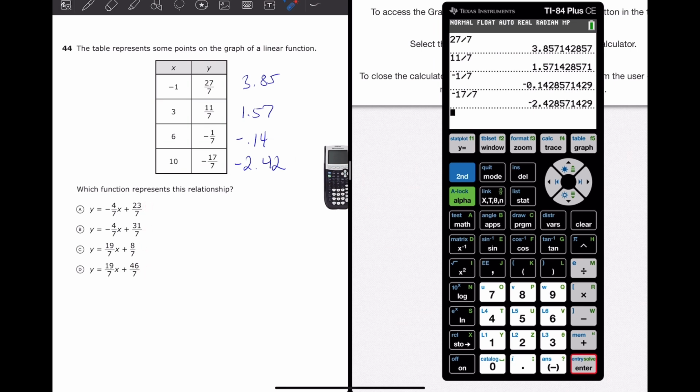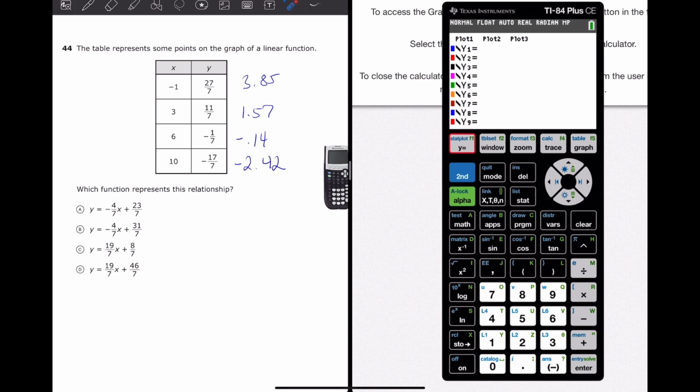Now I want to go over to y equals, and under y1, I will be putting each one of my choices to see which ones the table will match.